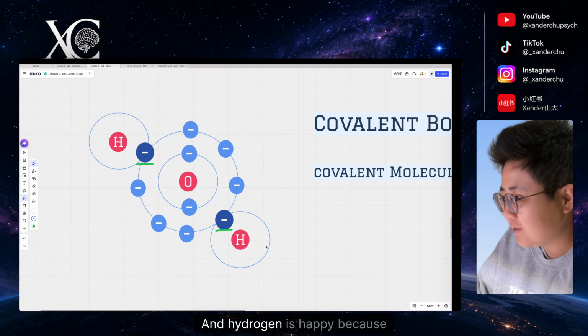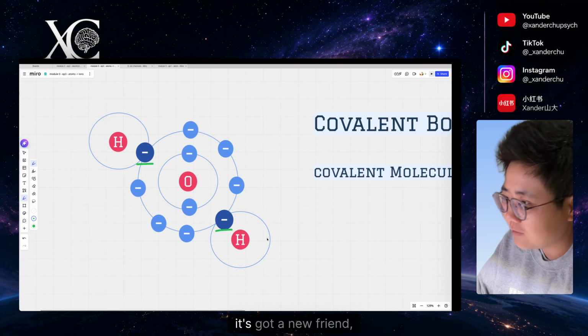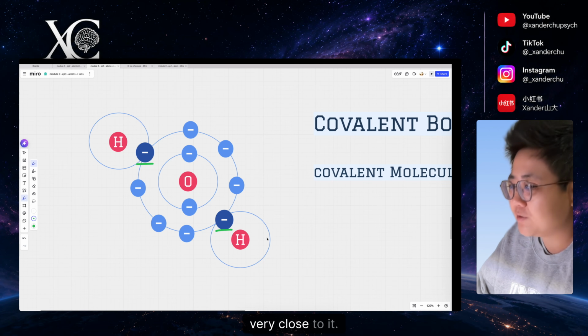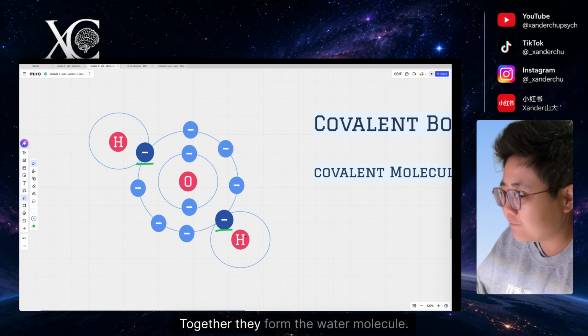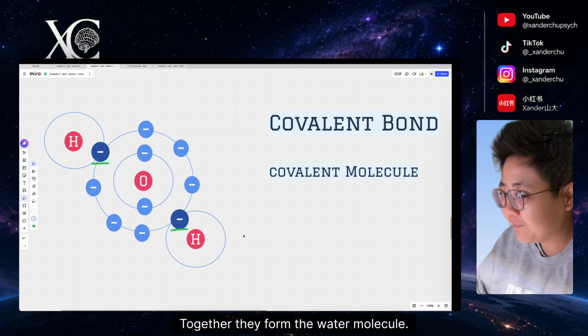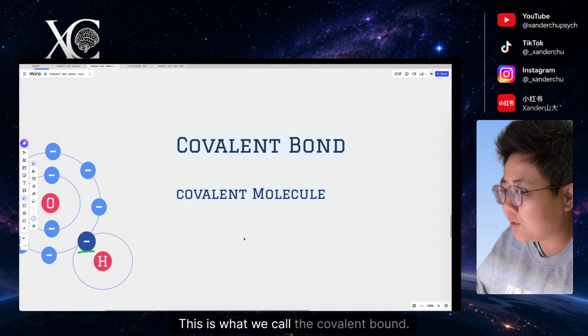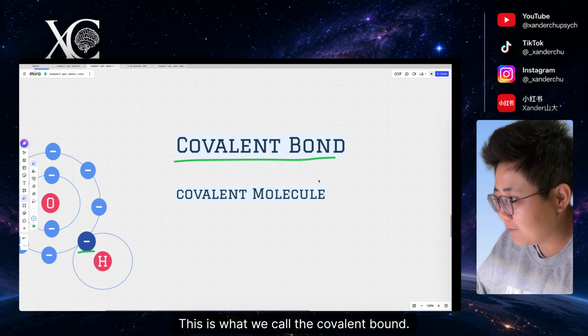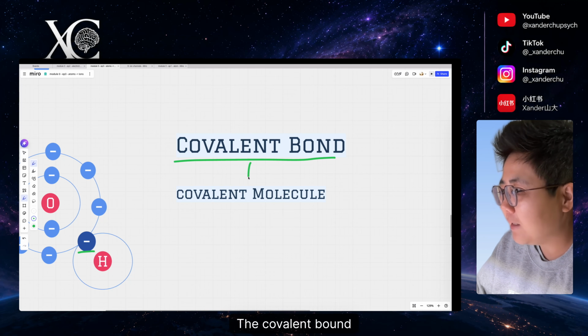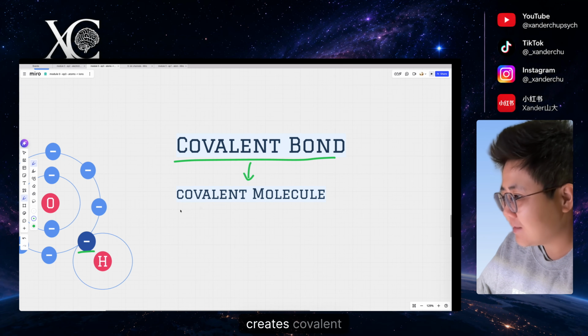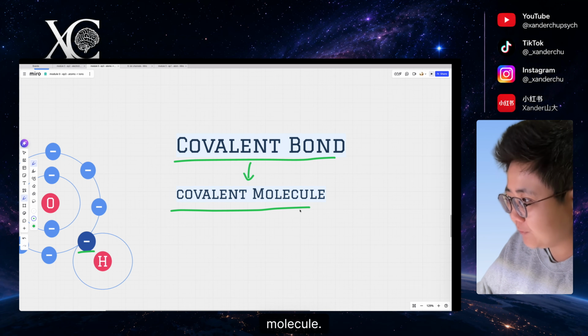And hydrogen is happy because it's got a new friend very close to it. So together they form the water molecule. And this is what we call the covalent bond. And the covalent bond creates a covalent molecule.